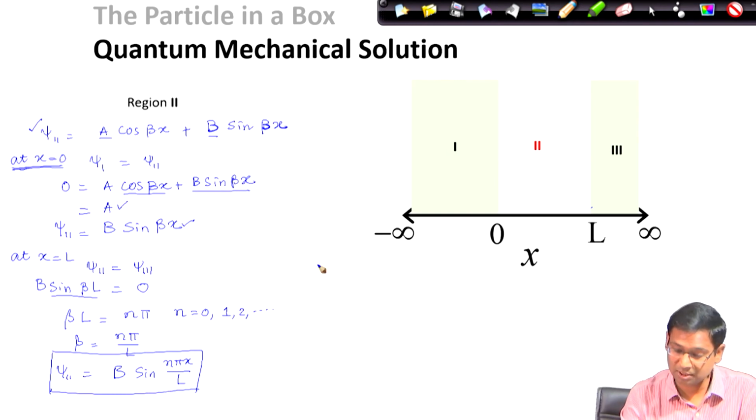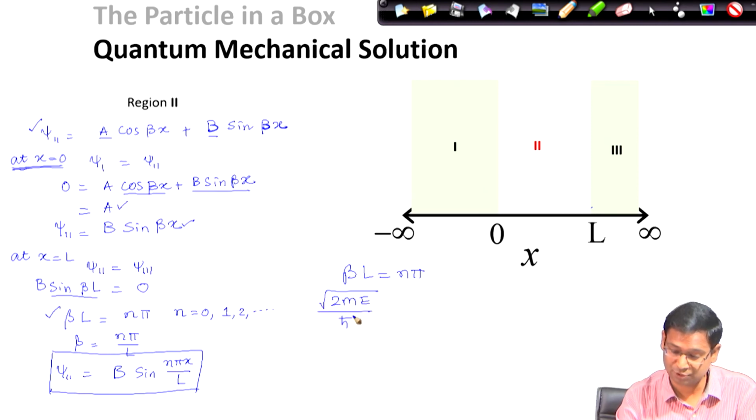What about the energy? We will start with this equation, beta L equals n pi, but we already know beta is square root of 2 m E by h bar, which equals n pi by L. When I solve this for E, I would get E equals n square h square by 8 m L square.